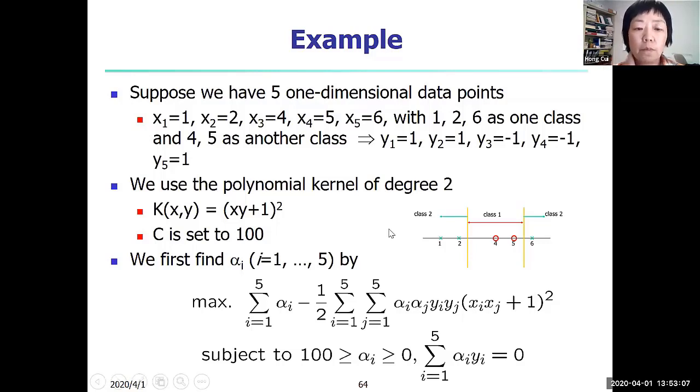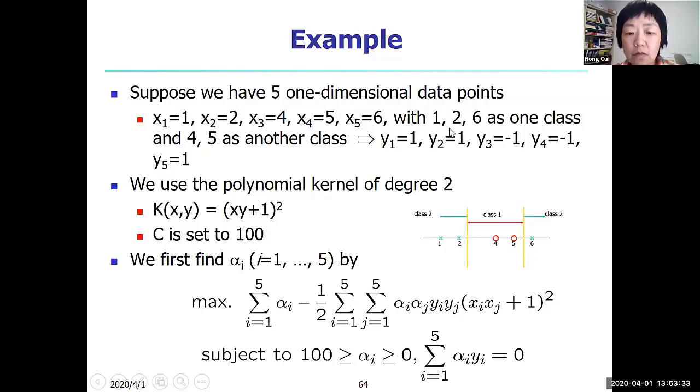So suppose in this example, we're going to use 5 one-dimensional data points. So these are our data points. 1 to 2 is class 1, as one class, and 6 is actually x5, so y5 is 1.